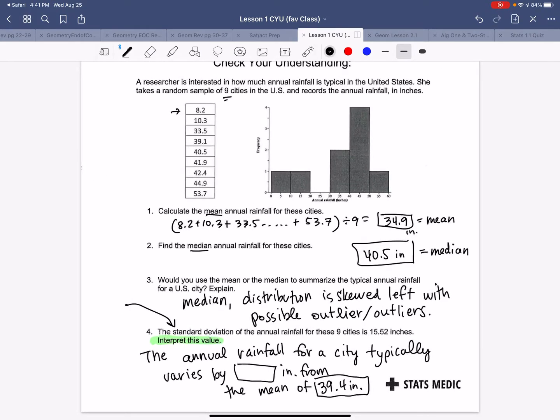So if our mean is 34.9, then I'm going to take this number, 34.9 minus 8.2, which is 26.7. And then we're going to square it.